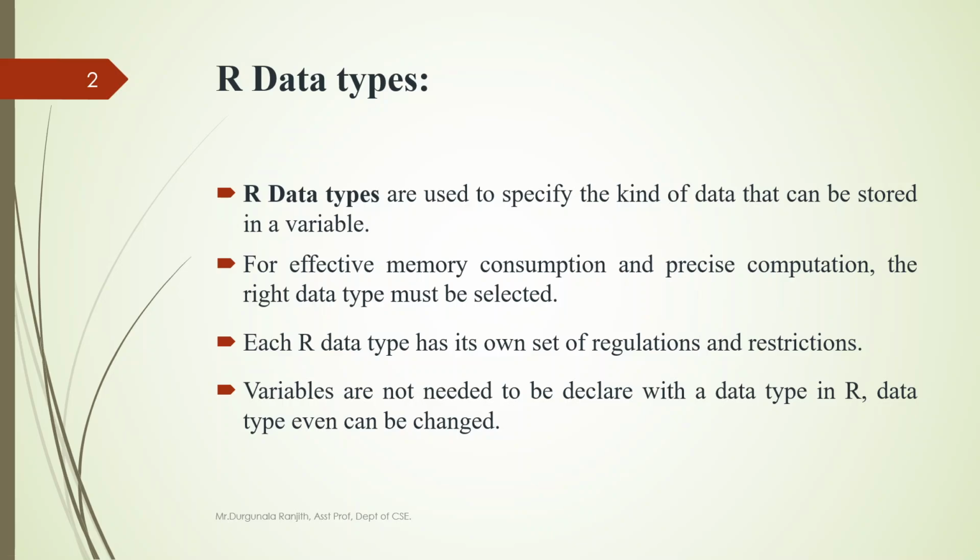For performing different types of computations we have to use these particular data types, and we have to choose the right data type. For example, you are giving character type or string type of data, or numerical values or decimal values, and also complex values. It is useful for statistics.